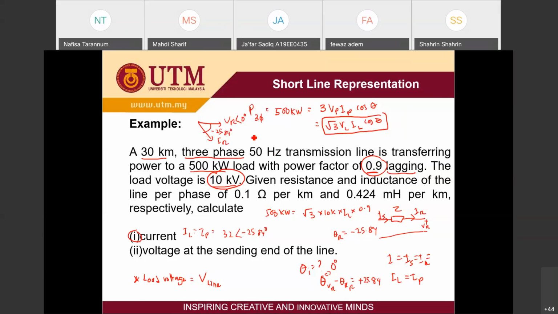If you want to know the power factor, cos of theta V minus theta I, which is 0 minus negative 25.84, you should get positive 25.84. Cos 25.84 is 0.9. So please be noted that for the lagging power factor, the angle difference should be positive. Okay, so this is for the lagging.